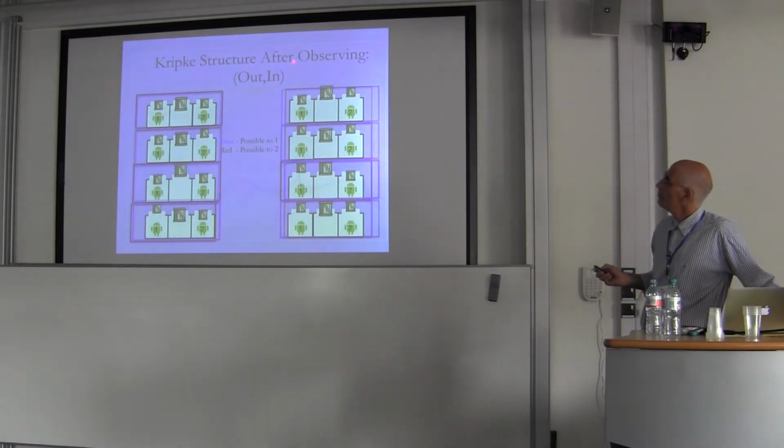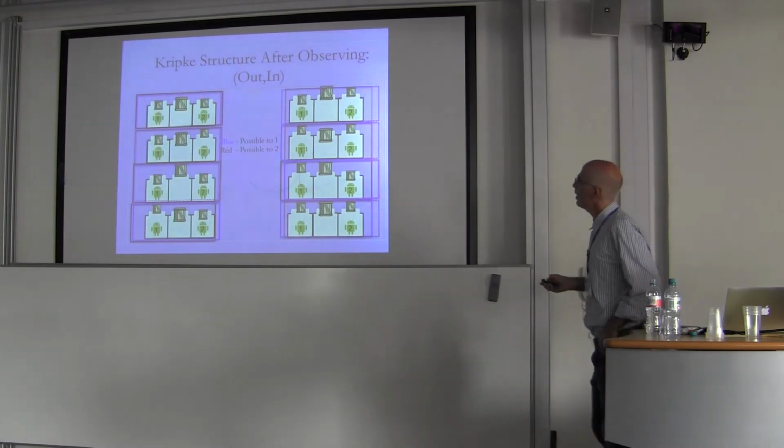And this is what happens after both agents made an observation action. So each agent is observing. One is in this cell, 2 is in this cell. They're both making an observation. So agent 1 noticed that the box is out, and agent 2 noticed that the box is in.